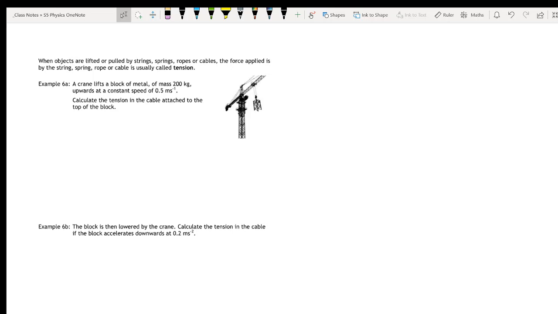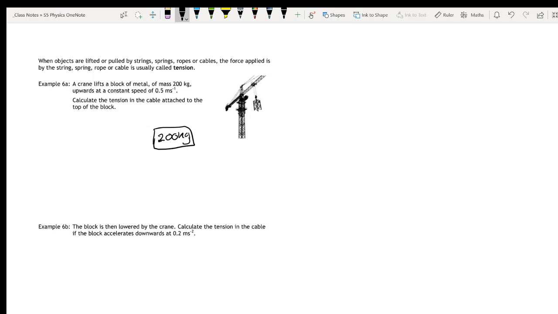So when we've been talking about rockets and things, we've been talking about the thrust of the engine. In this case, the thing that's applying the force upwards is the tension in the rope or the cable. Okay, so simplifying this, we've got a mass of 200 kilograms.